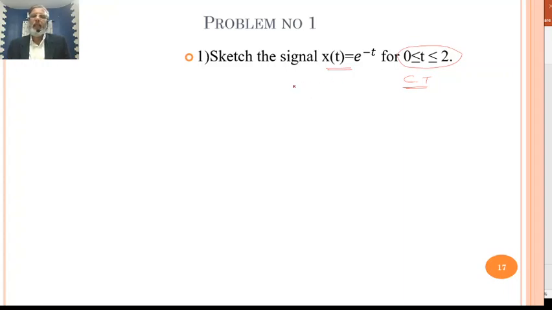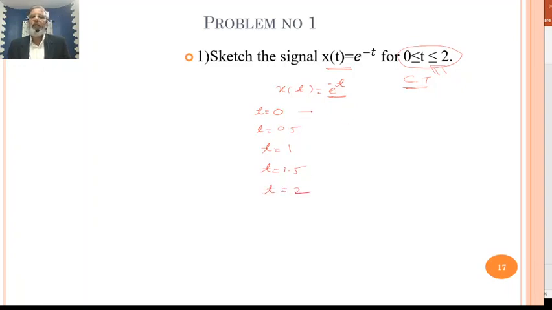Here the signal x of t equals e raised to minus t, and the signal exists at every instance of time over this time interval, from 0 to 2. Now we will find the amplitude at different t. For simplicity we will consider a few values of t: t equals 0, 0.5, 1, 1.5, and 2.